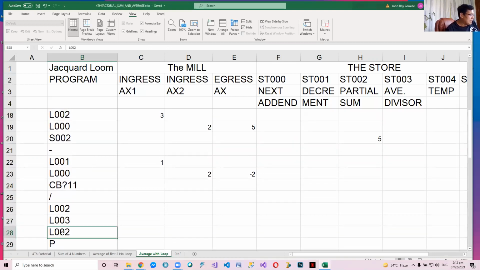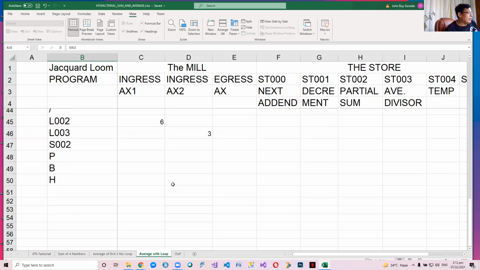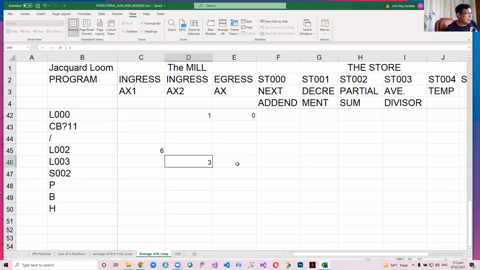So anyway, we are going to divide 6 by 3, which becomes 2. And we will store the final answer to S002. 6 divided by 3 is 2. So the average of the first 3 numbers is 2. We will do a PBH.